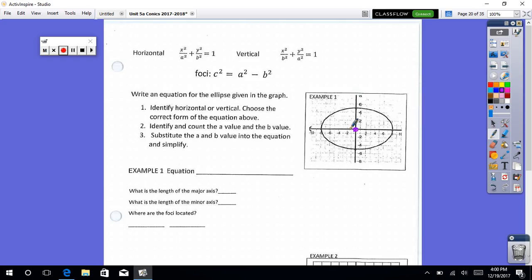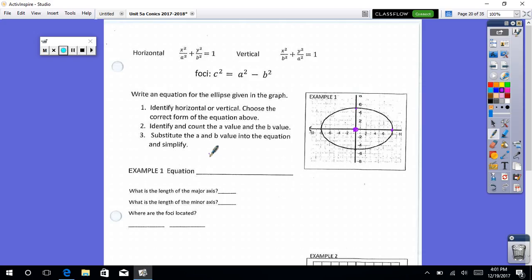The easiest way to remember it is the length from the center out, which is staying on the x-axis, squared, goes under the x, whether it's vertical or horizontal. The center up, since we are on the y-axis, stays with the y, whether it's vertical or horizontal. That part never changes.